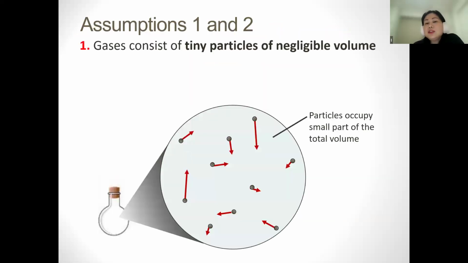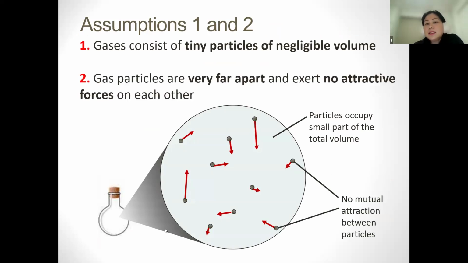All right, so this is an illustration of assumptions 1 and 2. Assumption 1: the particles occupy such a small volume that we can ignore the amount of space they're taking up, and we just use the volume of the container. The actual full sentence is that gases have negligible volume compared to the volume of the container.